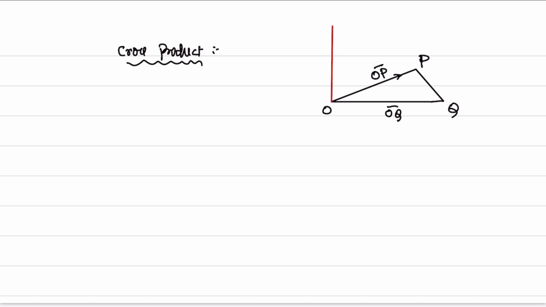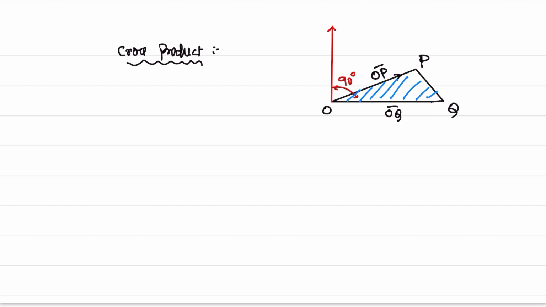This is the line perpendicular to the plane. Please visualize the plane. This is 90 degrees. This triangle is on a plane, and there is a line perpendicular to the plane of the triangle where it is resting.